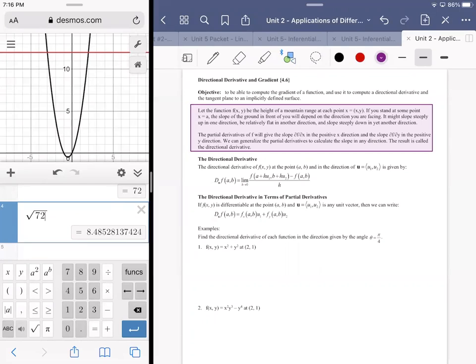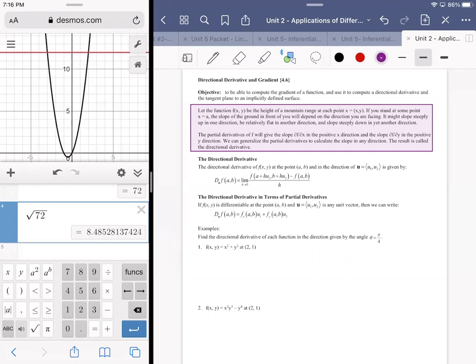Partial derivatives of f will give the slope, with partial derivative notation giving the slope in the positive x direction and the slope in the positive y direction. That's what we're getting when we take the partial with respect to x and y. We generalize this to calculate the slope in any direction.